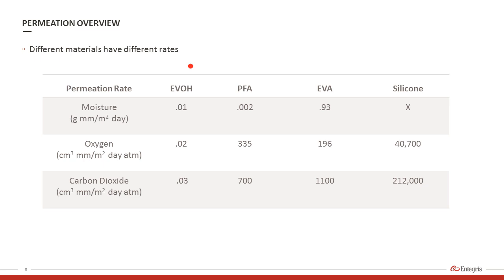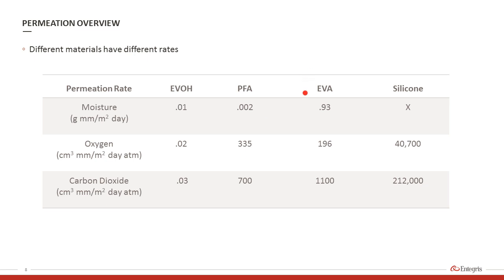This material has very low permeation rates for moisture, as well as oxygen and CO2. Next is data on PFA, a fluoropolymer material. This polymer is very good for low moisture transmission, but has a relatively high gas permeation rate for both O2 and CO2 in comparison to the EVOH.